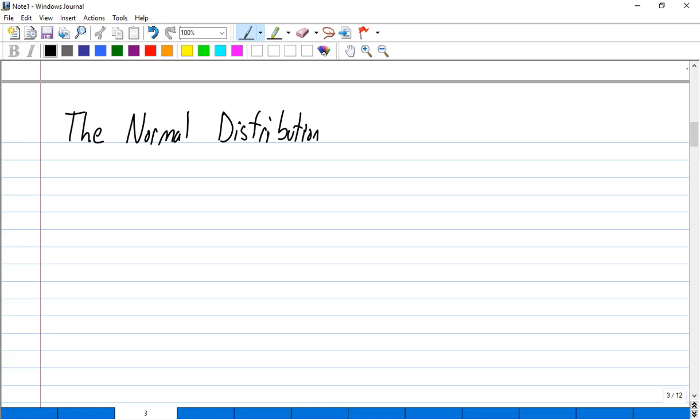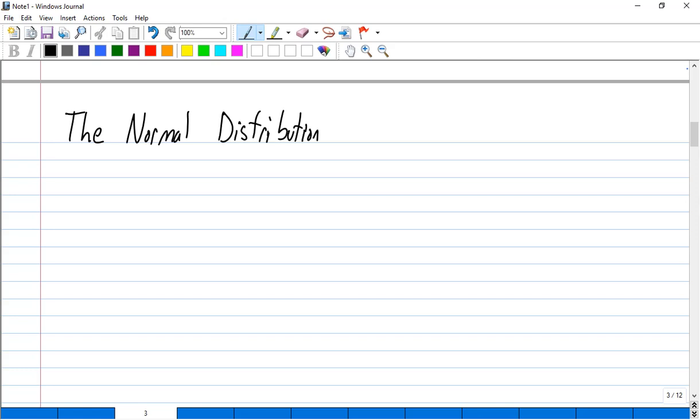If you think back to the empirical rule, remember the 1 sigma rule was that 68% of all data will lie within 1 standard deviation of the mean. And the 2 sigma rule was what? 95% will lie within 2 standard deviations, excuse me, of the mean.